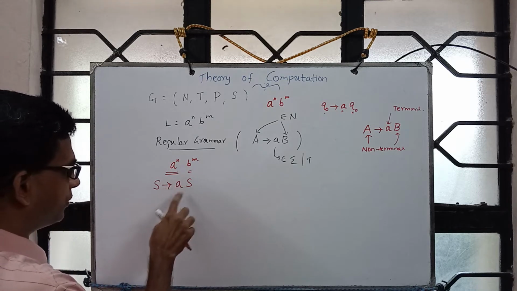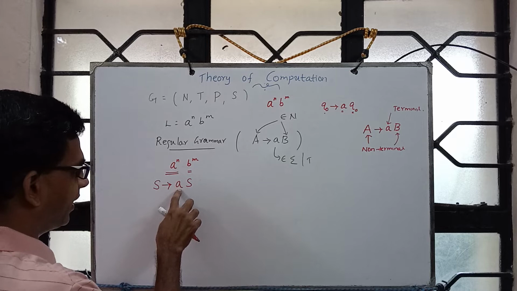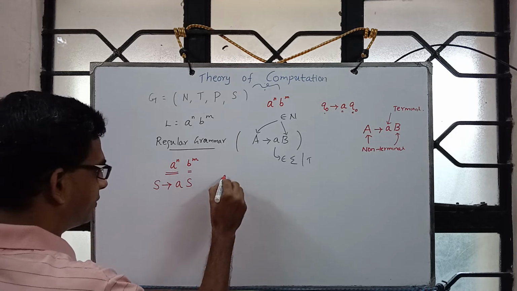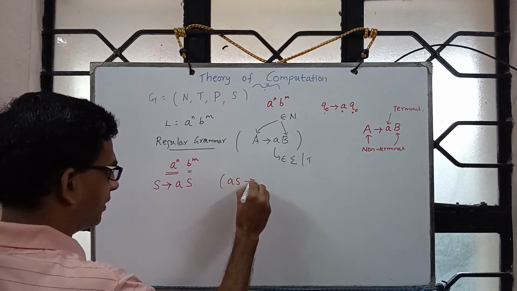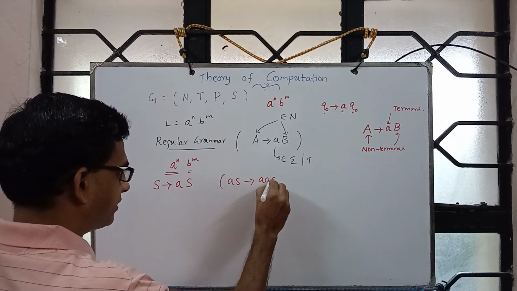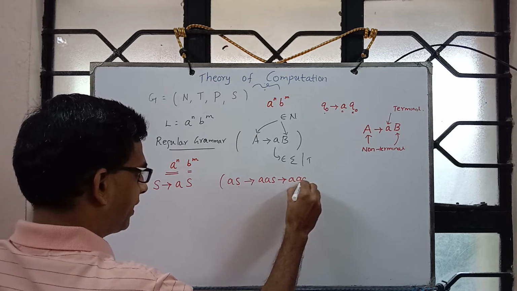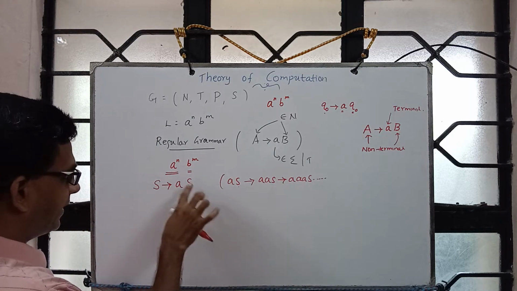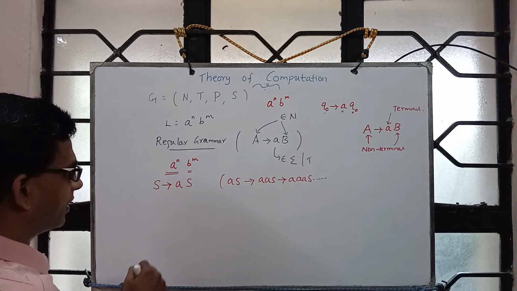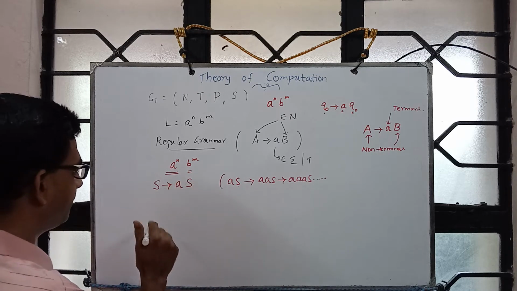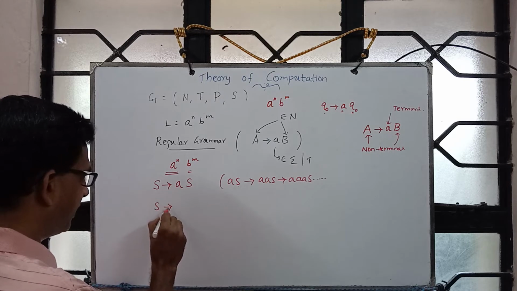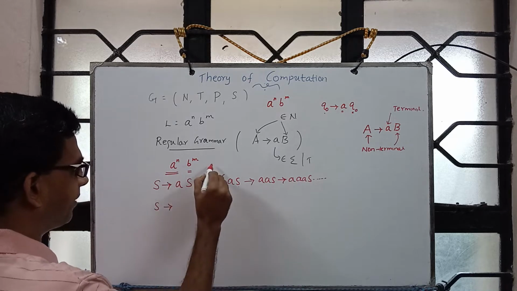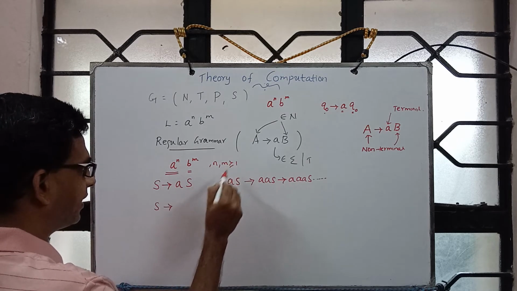If you keep applying this rule, you get S implies AS, then AAS, then AAAS, like this it goes. And once I generate a sufficient number of A's, I switch to B, for which I use a different symbol. But I should ensure before I switch, I read at least one A, because the condition was n and m are at least 1.